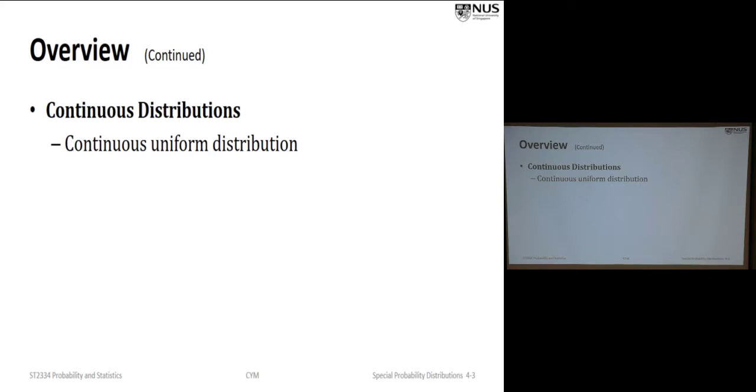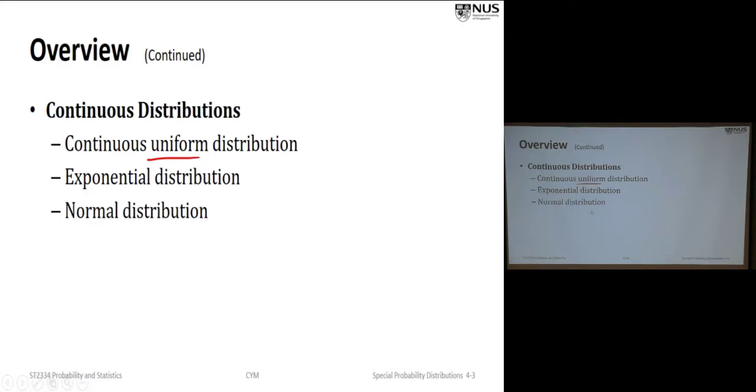Uniform means that the density or probability function does not depend on the exact value of x, so long as x belongs to the range for which the probability function or probability density function is positive. Then we will talk about the exponential distribution.